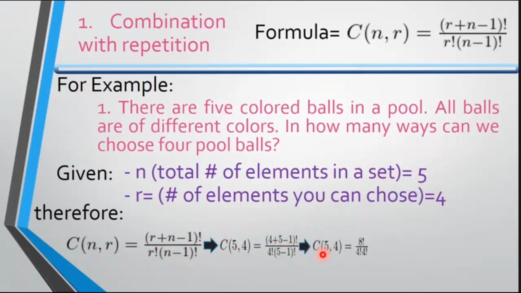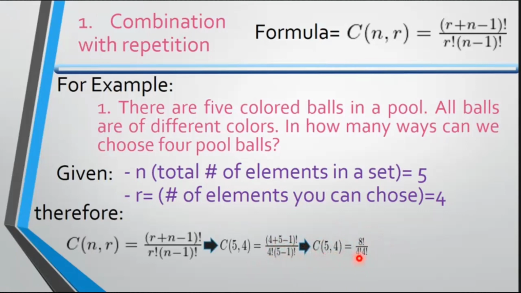So C(5, 4) is equal to 8 factorial, kay 4 plus 5 is 9 minus 1 is 8 factorial over 4 factorial, and 5 minus 1 is 4.